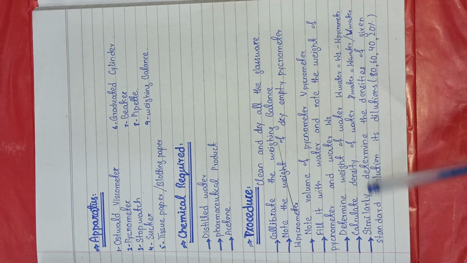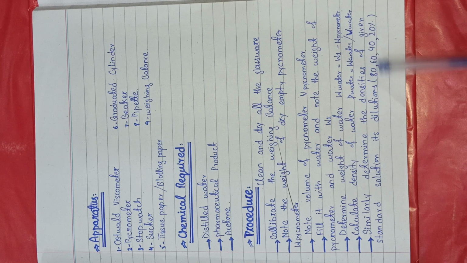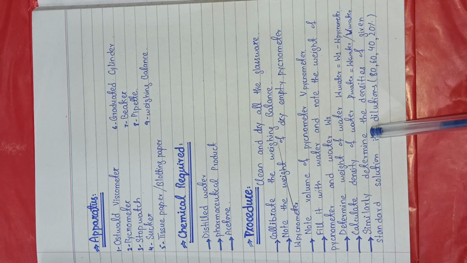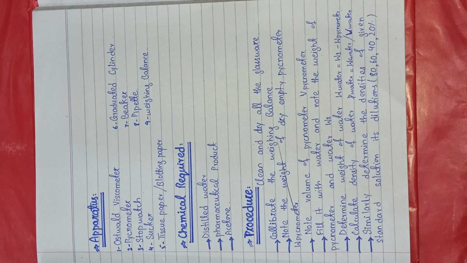Similarly, determine the densities of the given standard solutions at dilutions of 80, 60, 40, and 20%. So you are going to calculate the densities of standard solutions, and these standard solutions are made from the pharmaceutical products whose viscosity is to be determined. So you are going to prepare dilutions of 20% solution, 40% solution, 60% solution, 80% solution.